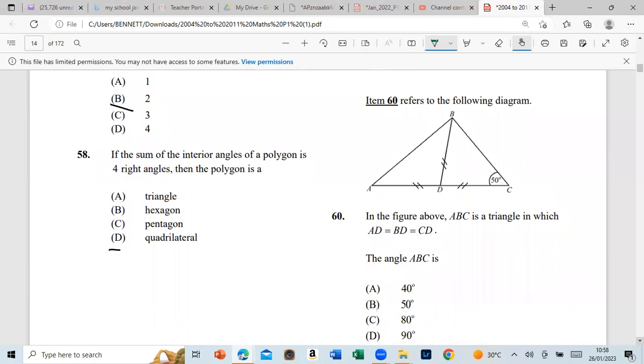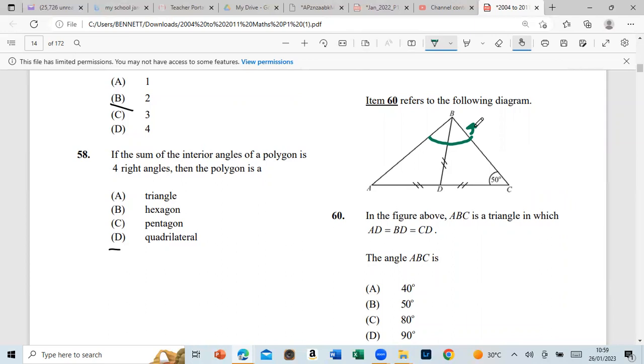In the figure above, ABC is a triangle in which AD equals BD equals CD. Find the angle of ABC. Alright, so basically still on the tick thing. They want us to find the angle. First of all, right here, this could be 50, because this and this are equal, right?